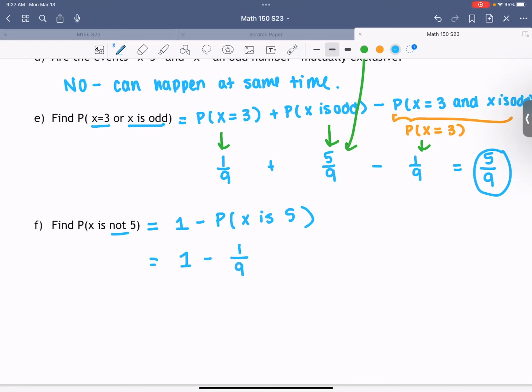Well, I know the probability that x is 5. That's 1/9. Once we're here, we have two options. One thing you can do is just change 1/9 to a decimal and do the subtraction. That is totally fine. But let's just do the fraction subtraction just because, well, I want to torture you a little bit. If we have fraction subtraction, the two fractions have to have the same denominator, right?